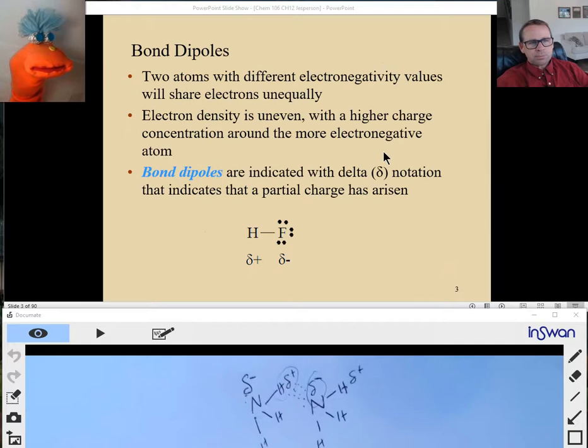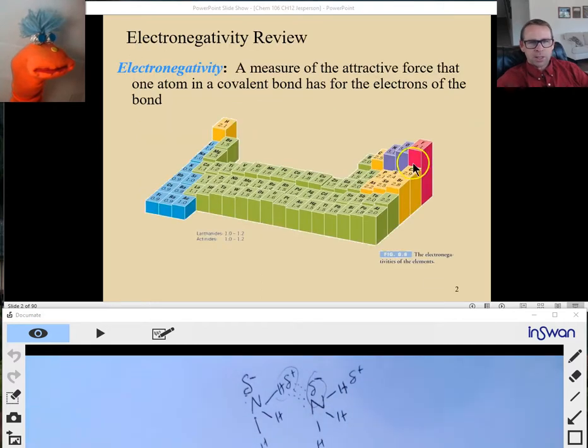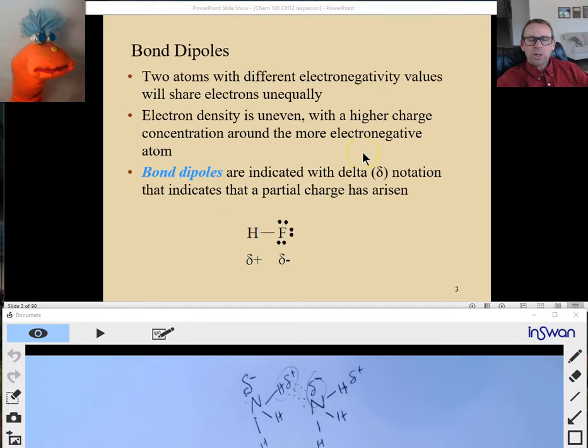Okay? We say that a polar bond has what we call a dipole. And using those numbers, and some other calculations as well, we can actually calculate what we call dipole moments on bonds or on molecules. All right?